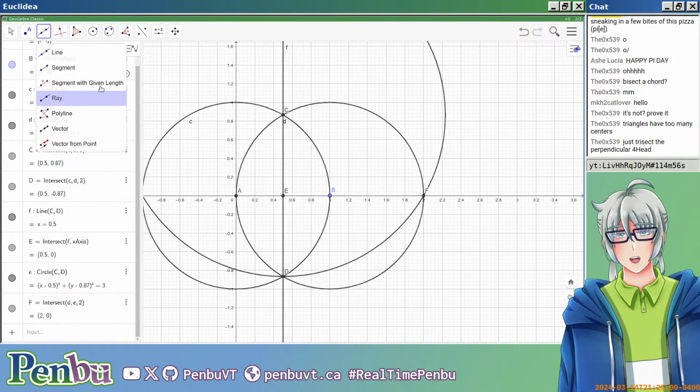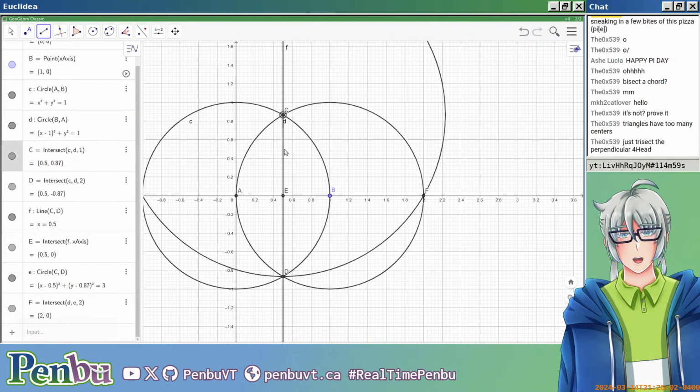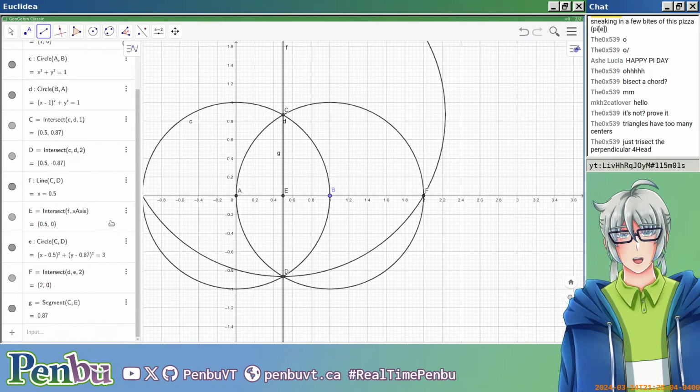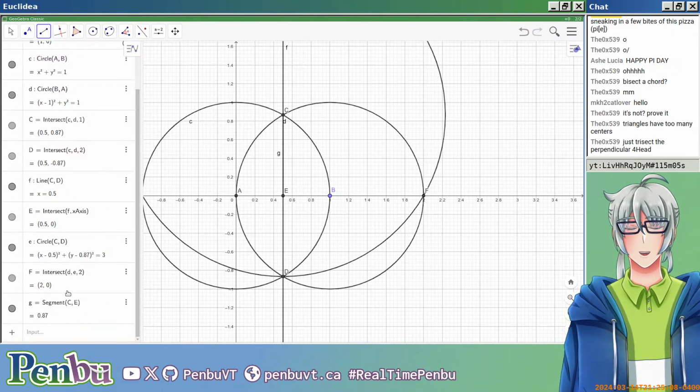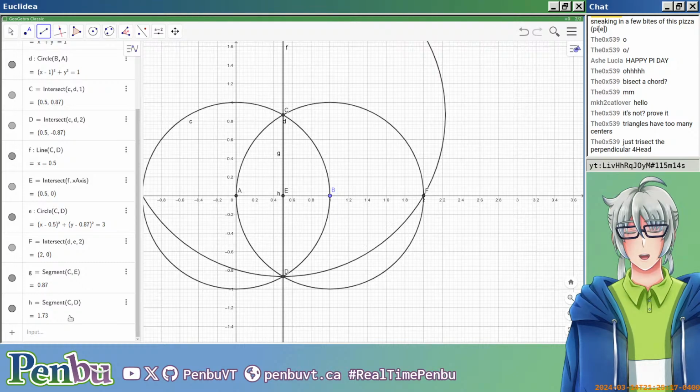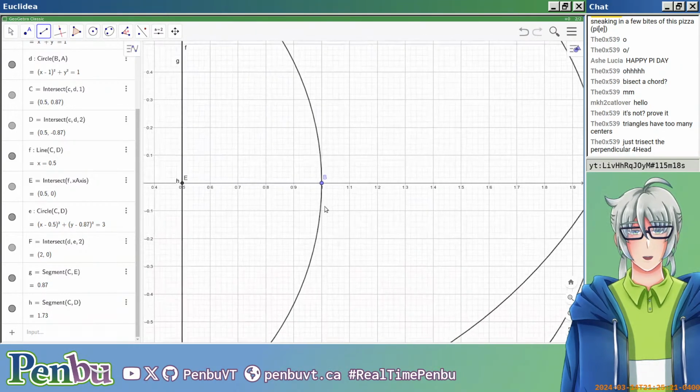So this line segment here, we have a segment here from C to E is 0.87. Which is the result of... Wait, why does that work? So it's C to D. Why is that not 1?